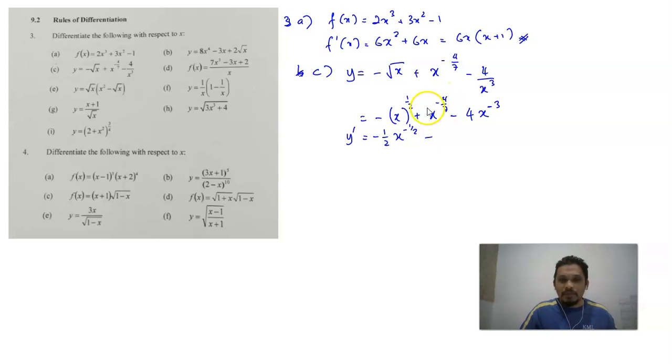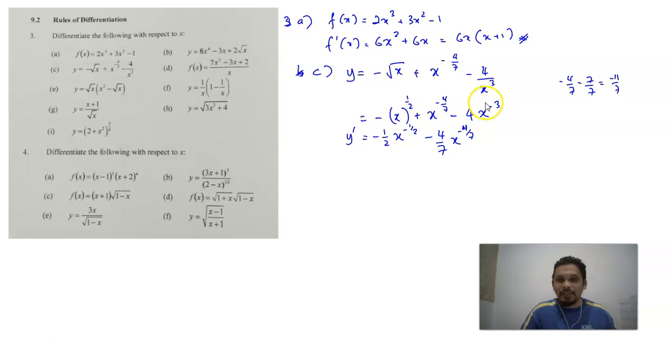Negative 4 over 7, bring up here, x to the power of negative 4 over 7 minus 1, negative 4 over 7 minus 7 over 7, negative 11 over 7.